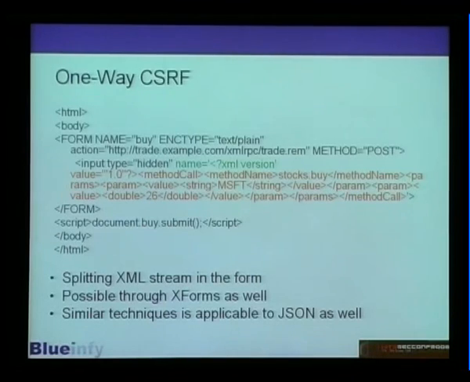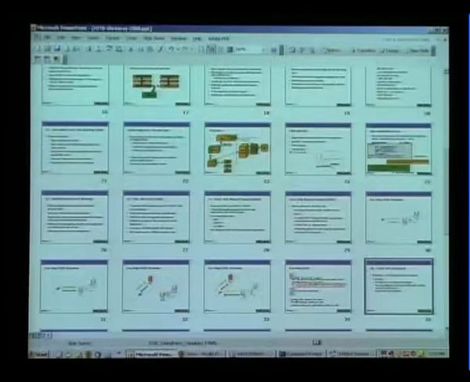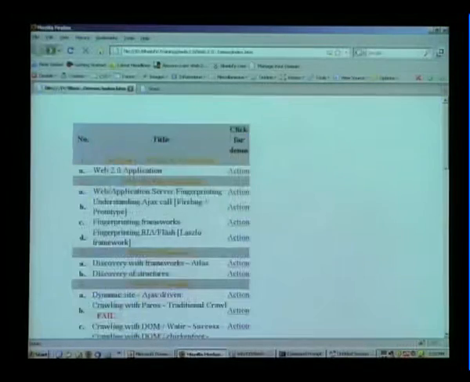So as soon as this page gets loaded in the browser, without any knowledge of the victim or any click from him, this particular form will get executed and a legitimate XML envelope will be created. As a POST request constructs any HTTP request, it will take a name, it will take a value and put an equal sign in between.